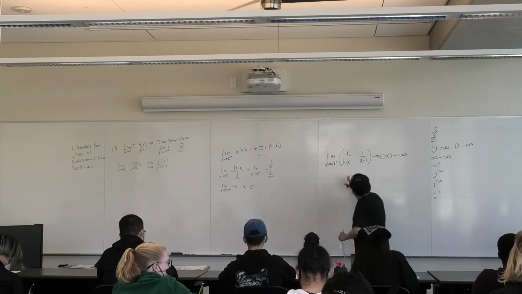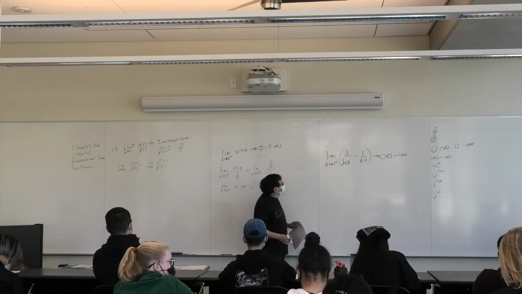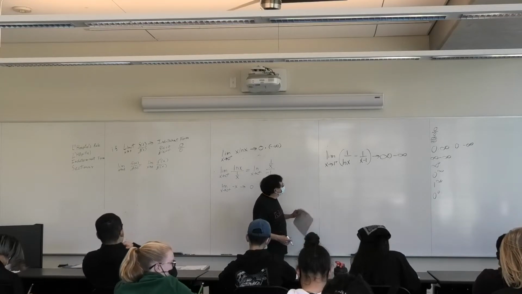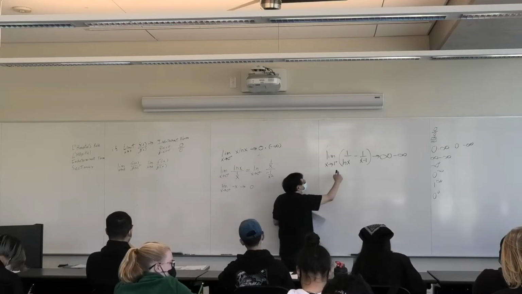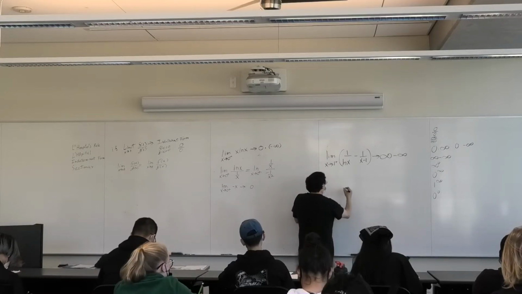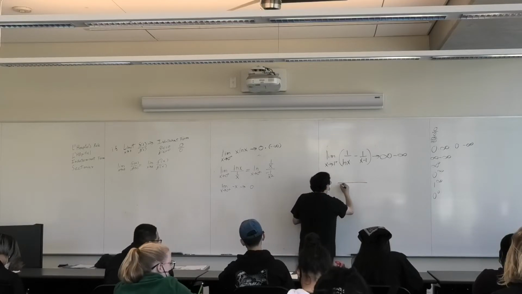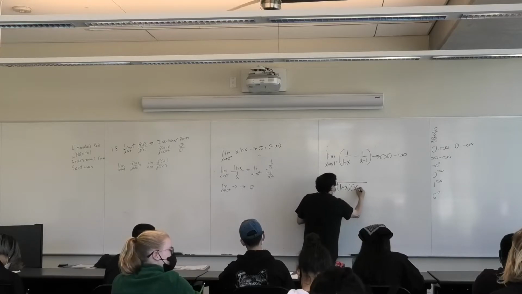So again, to apply L'Hopital's rule, we're going to have to use a little creative algebra here, but it's not all that obvious. Let's put these over a common denominator. Obviously the common denominator is going to be log of x times x minus 1.